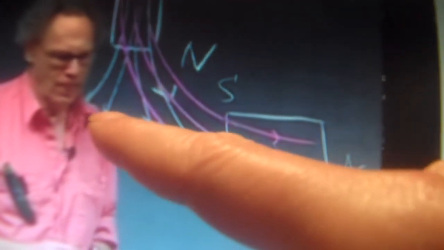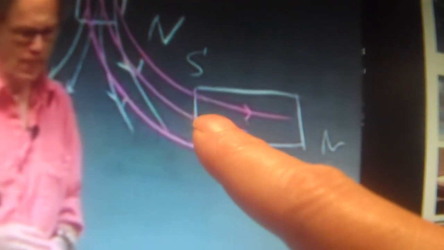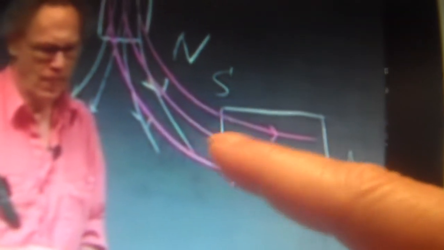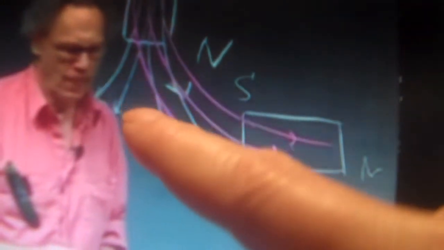So whatever object would be here that would be sensitive to magnetism, if it's attracted to this north end, it's going to be repelled by this south end. And if it's attracted to the south end, it's going to be repelled by the north end. So it's going to be affected only because there's two fields now, and one of the fields is pushing it out of its ability to be attracted.